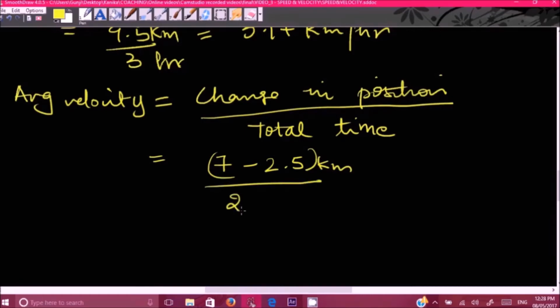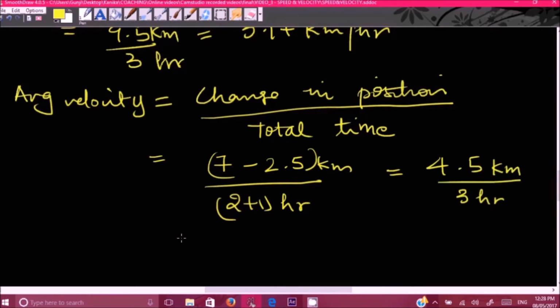Total time 2 plus 1 hour. 4.5 kilometers by 3 hours, which is 1.5 kilometers per hour, and this final location is heading towards west.